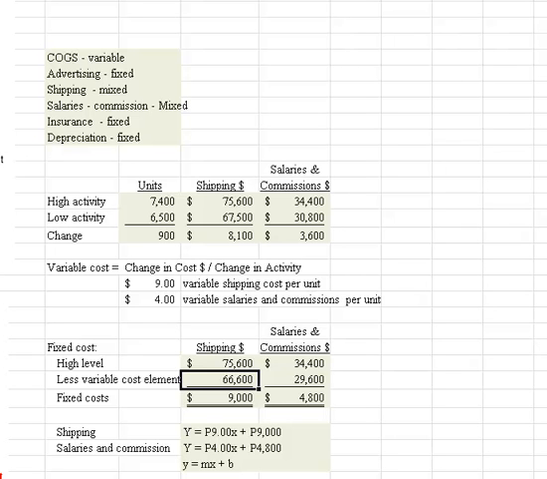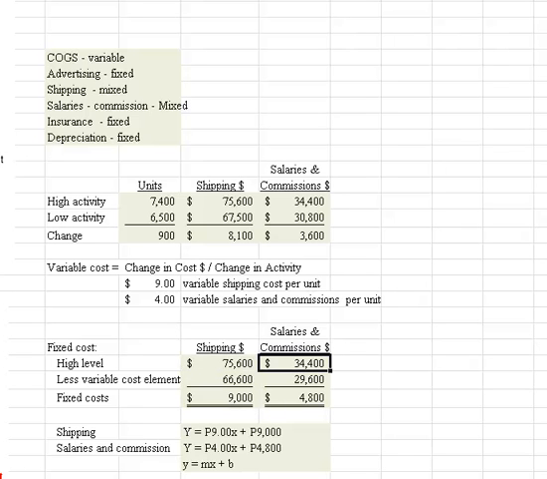How do we come up with that? We take the 7,400 units times the variable cost that we've just calculated. And so we know that of that 75,600, based on the high-low method, 66,600 was due to variable costs, so the balance, $9,000, must have been due to fixed cost. We do the same thing with sales and commissions.